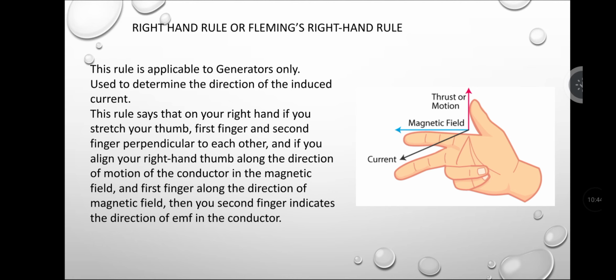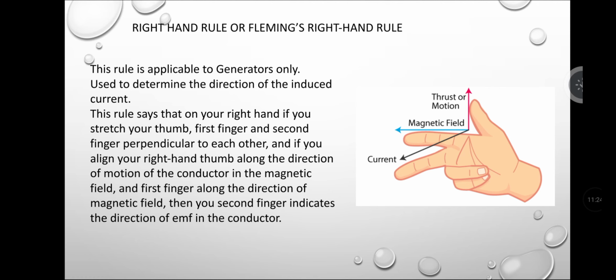This rule says that if you stretch your right hand thumb, first finger and second finger perpendicular to each other, and align your right hand thumb along the direction of motion of the conductor in the magnetic field, and the first finger along the direction of the magnetic field, then your second finger indicates the direction of EMF in the conductor.